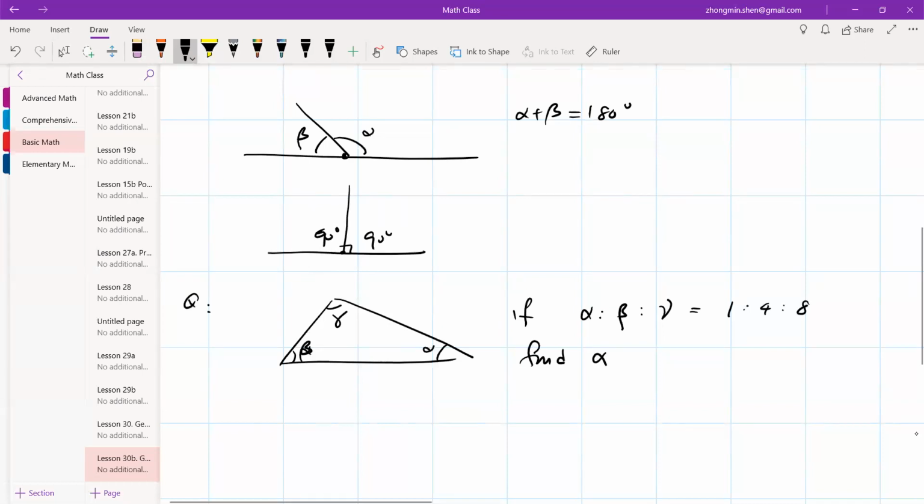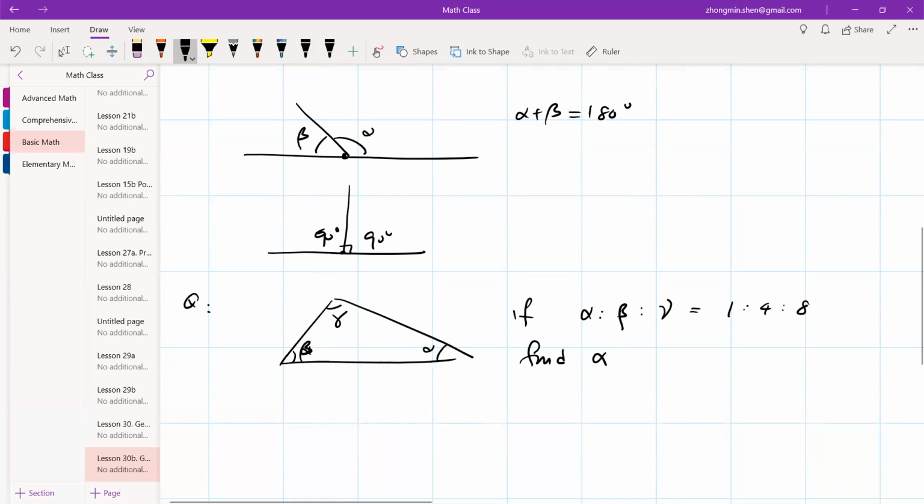Now, if you know the ratio of the three angles, the proportion, alpha to beta is 1 to 4. Beta to gamma is 4 to 8, also equal to 1 to 4.